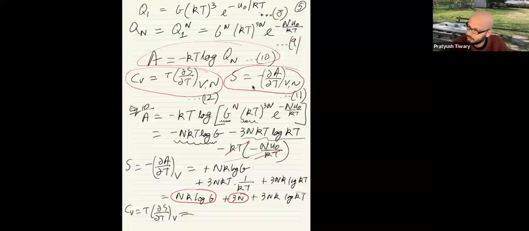Only this third term depends on temperature. And what is that? We have this T hanging outside and we differentiate it with respect to temperature. What do we get? 3nk divided by kt. So T cancels out. Oh no, why is my other k also canceling out? Disaster.